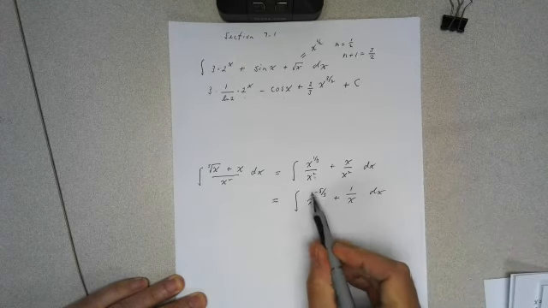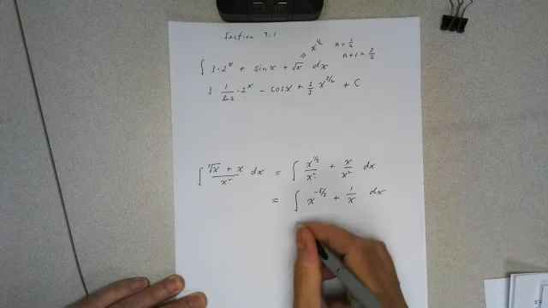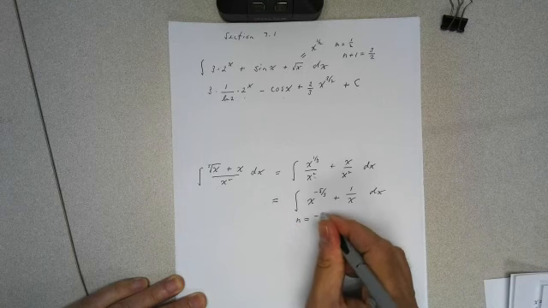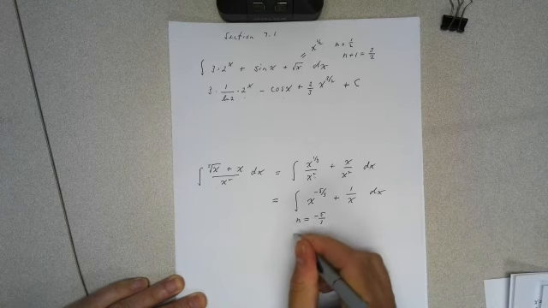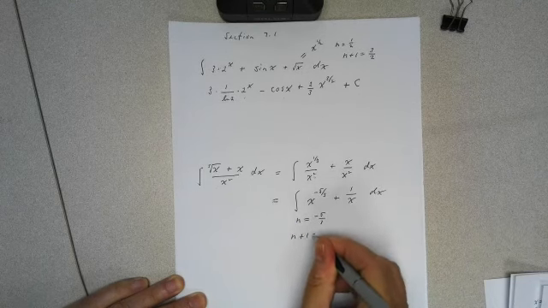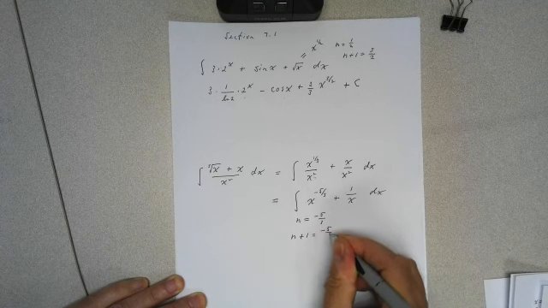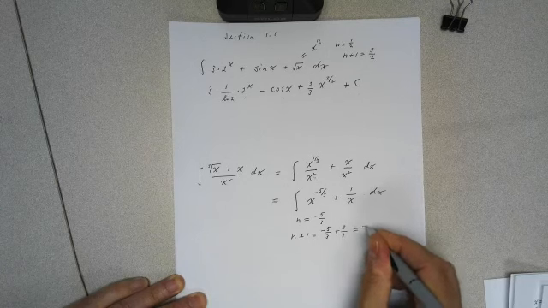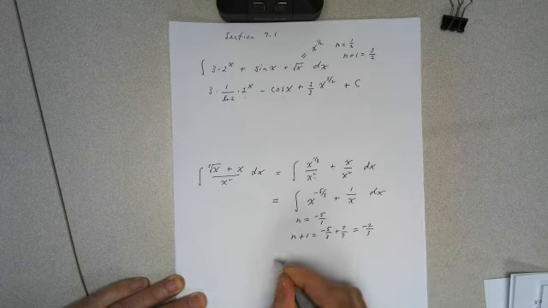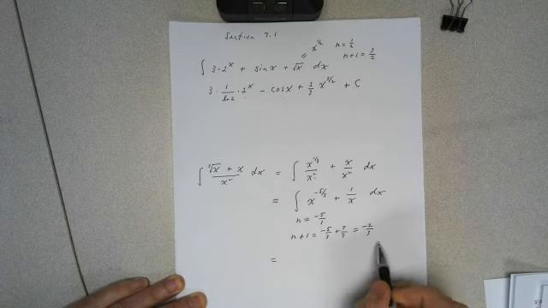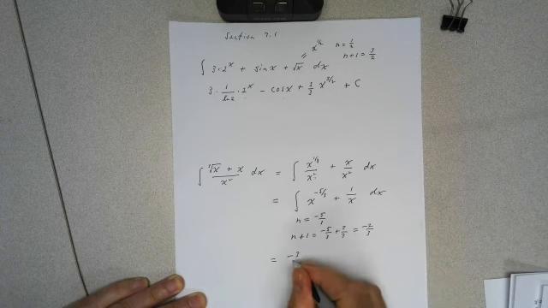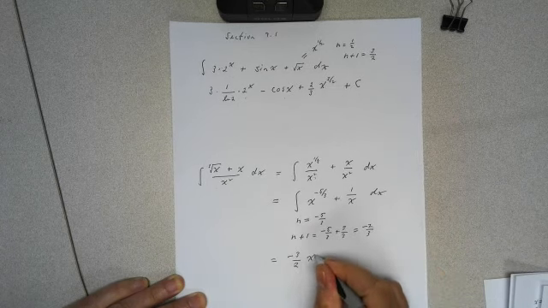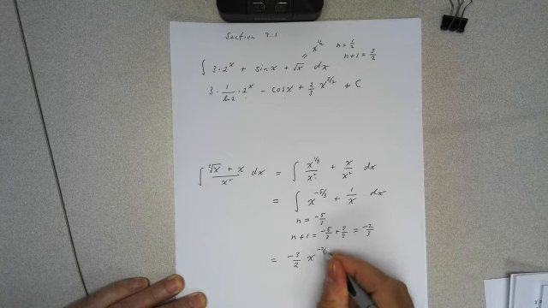Now, for this first term, we use the power rule. n is minus 5/3. n plus 1 would be minus 5/3 plus 3/3, which is minus 2/3. So we would take 1 over n plus 1, which is minus 3/2, x to the minus 2/3.